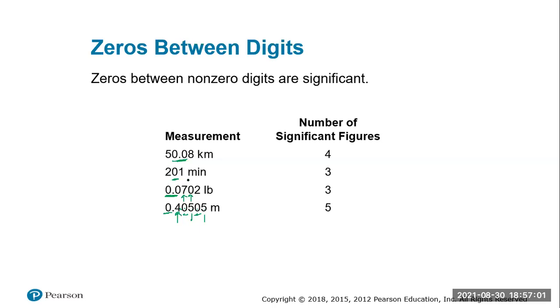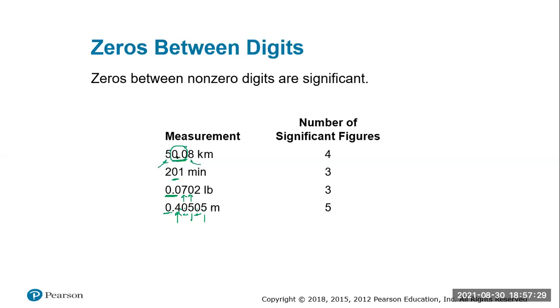Yeah, Professor Ephron. Quick question. The first one, the 50.08. I need some clarity. So let's say it doesn't have the decimal. I'd still consider it 4 significant figures. Yeah, so in this particular case, the decimal really doesn't matter because the only zeros that you have are these 2 zeros here that are trapped between 2 non-zero numbers.